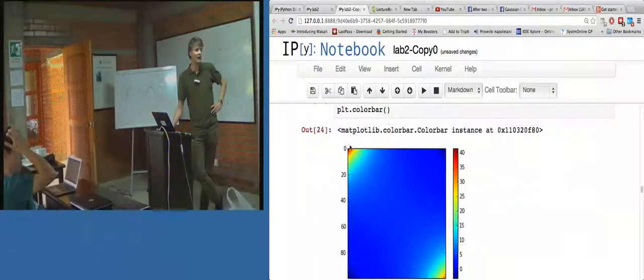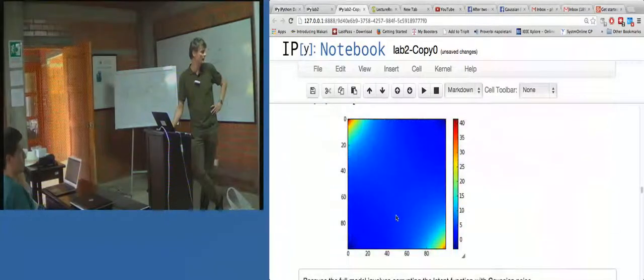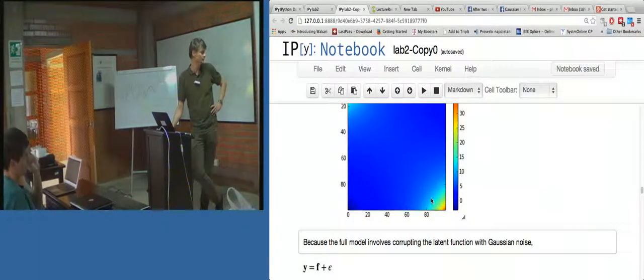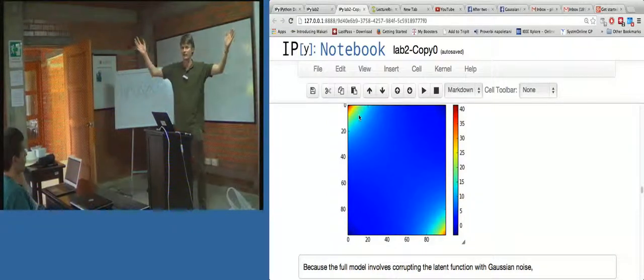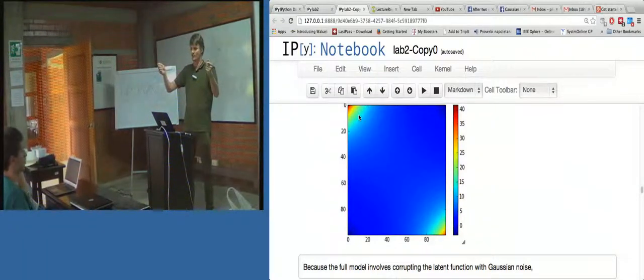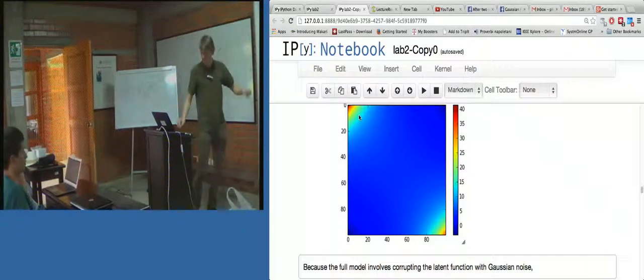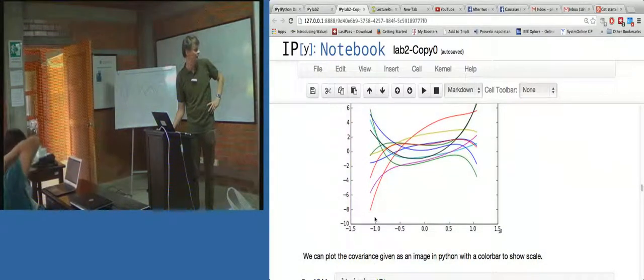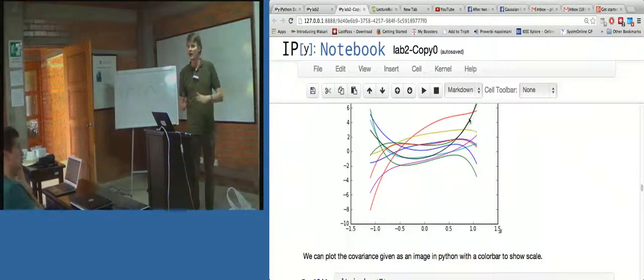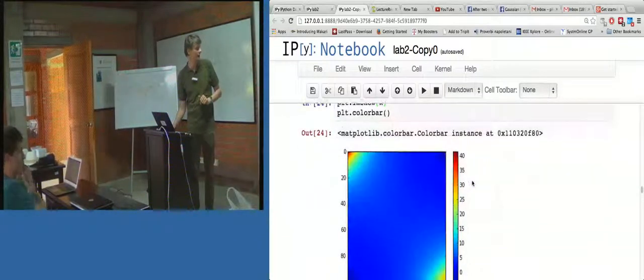So we start seeing large values as we get outside the -1 to 1 region, which is indicative of what actually happens to these covariances as you leave -1 to 1. So you can see the effect that you see in the samples, which is that as you start getting close to 1 and -1, you start getting large values in the variance. You can see that marginally in the covariance matrix here.